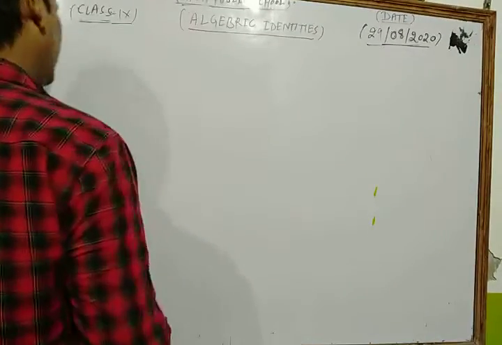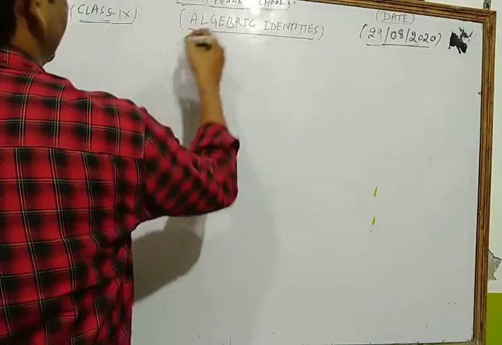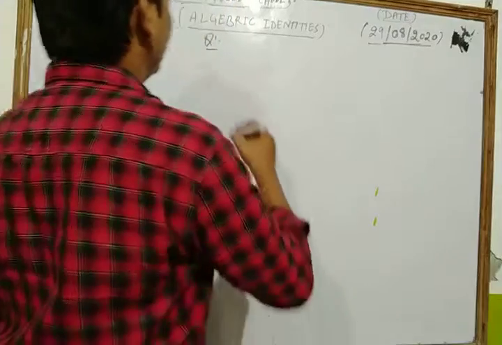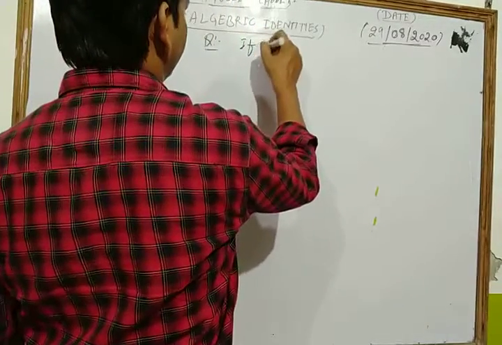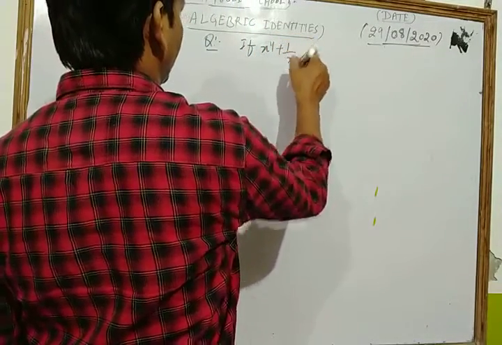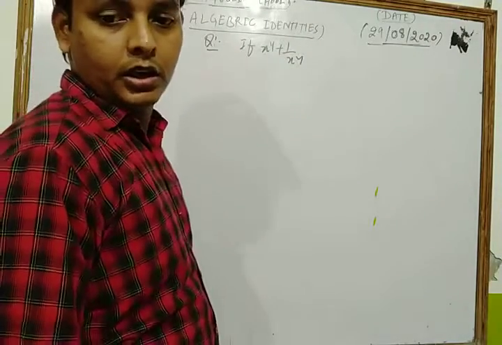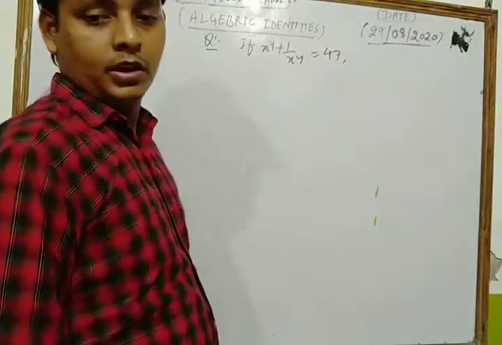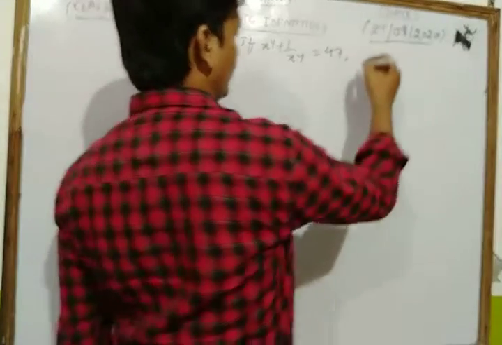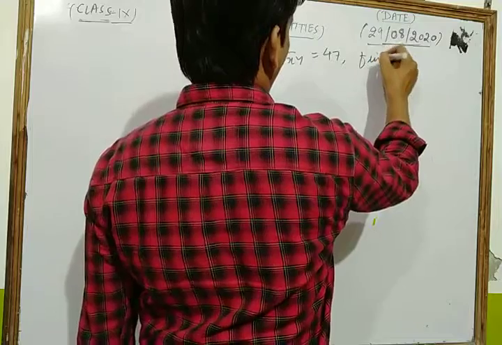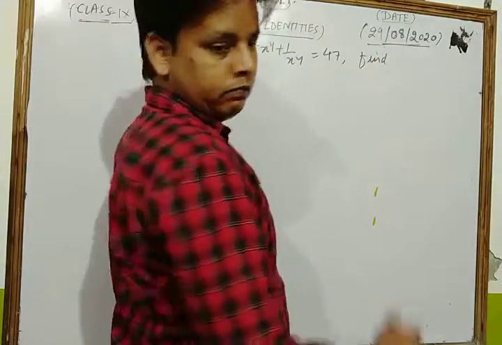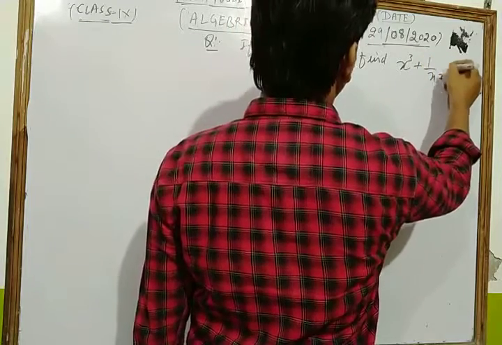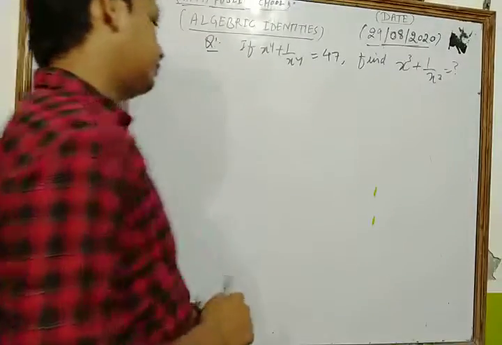Now we take some more important questions from your NCERT exercise. The question is: if x to the power 4 plus 1 upon x to the power 4 is equal to 47, find the value of x cube plus 1 upon x cube.